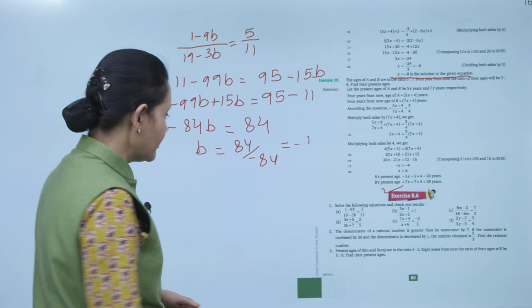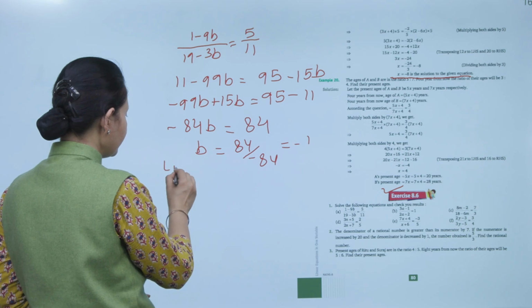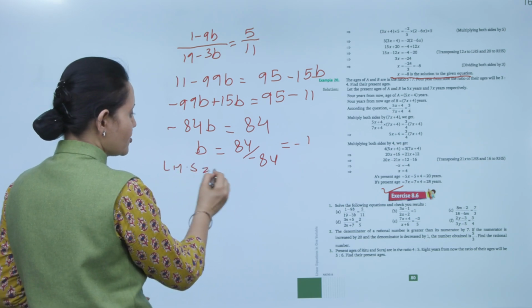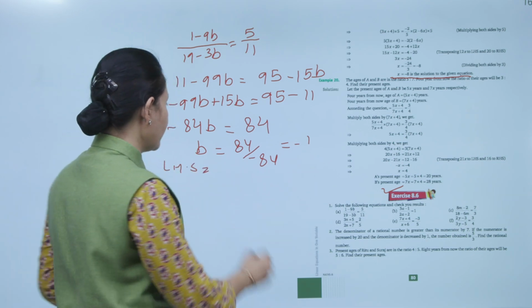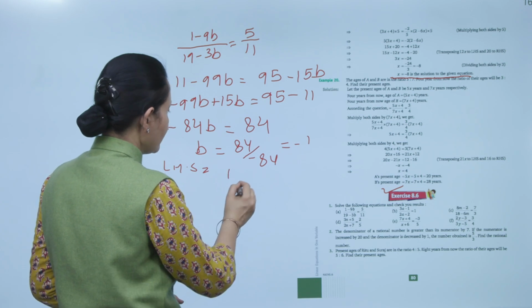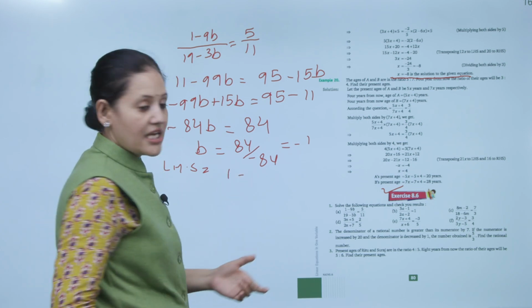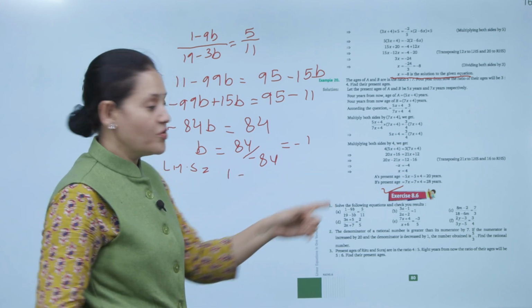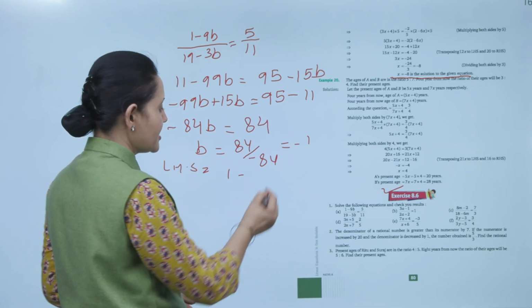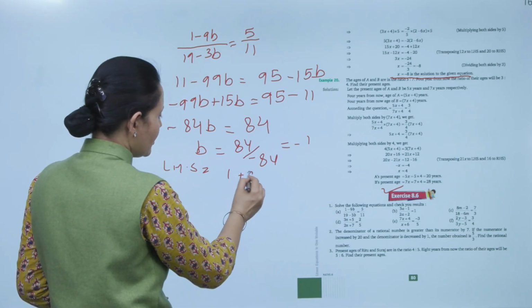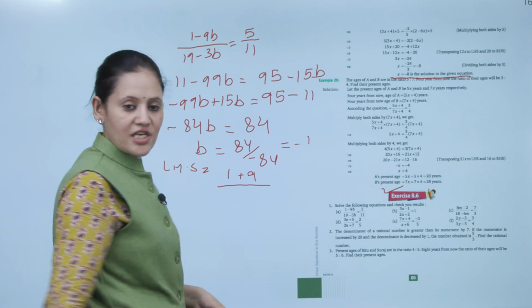Now we have to check. So first, left hand side. So that is equal to (1 minus 9b), so 1 minus 9 into minus 1, that is minus 9, और minus minus हो जाएगा plus.